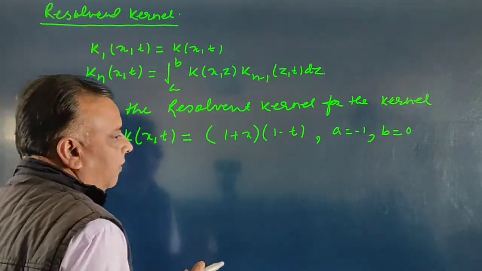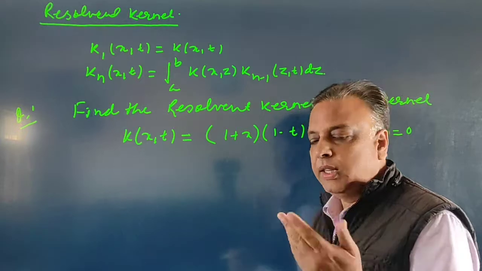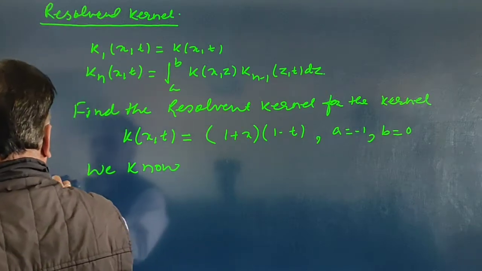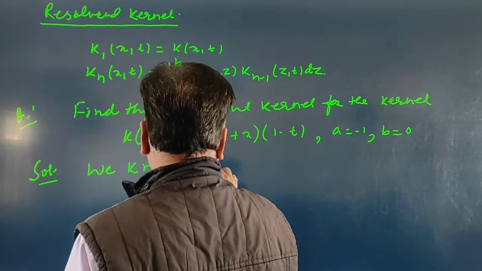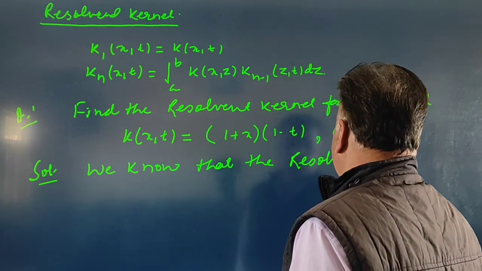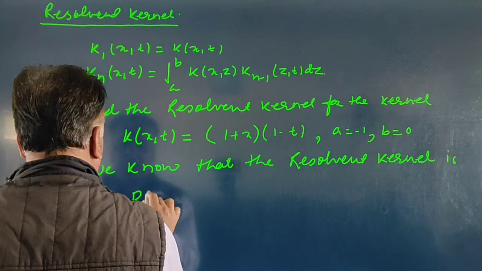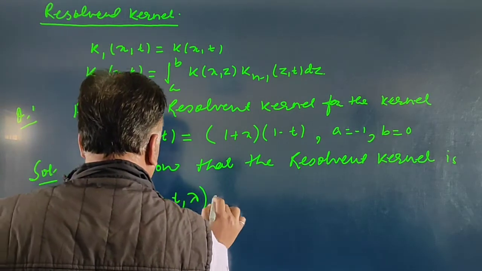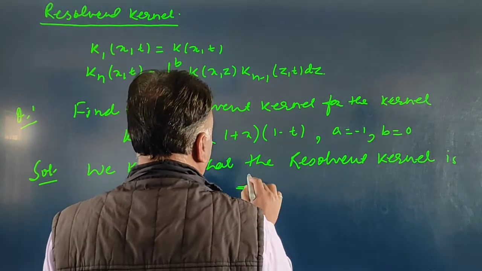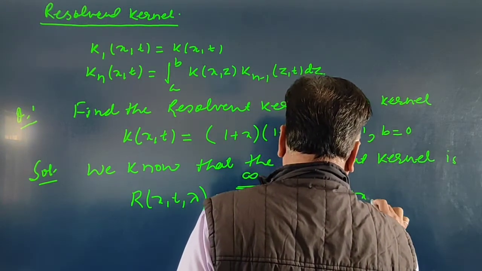As we know, the resolvent kernel R(x,t;lambda) is given by the formula: R(x,t;lambda) is equal to the summation from m equals 1 to infinity of lambda raised to m minus 1 times Km(x,t).